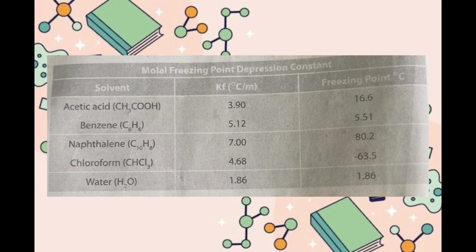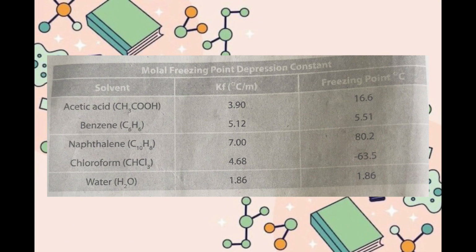For solvents, acetic acid is 3.90 degrees Celsius per molality and 16.6 degrees Celsius for freezing point. For benzene, 5.12 degrees Celsius per molality and 5.51 degrees Celsius for freezing point. Naphthalene is 7 degrees Celsius per molality and 80.2 degrees Celsius for freezing point.